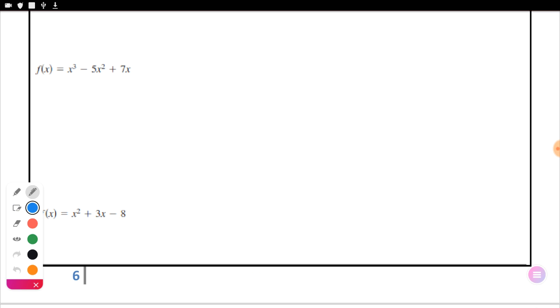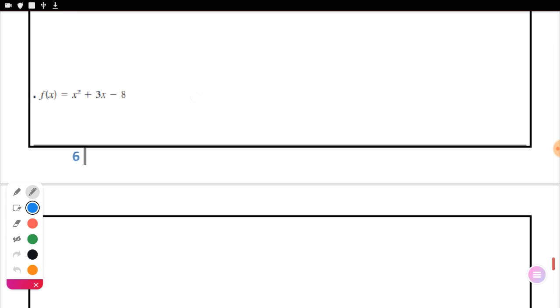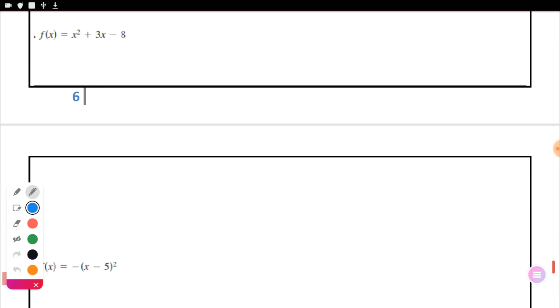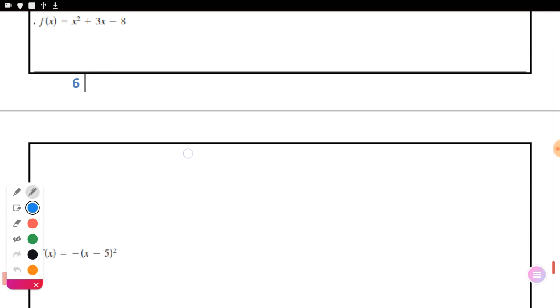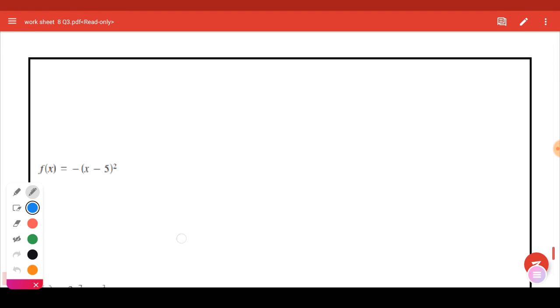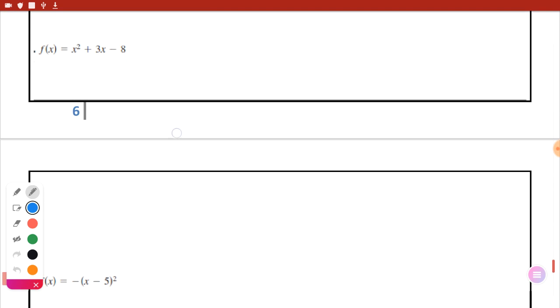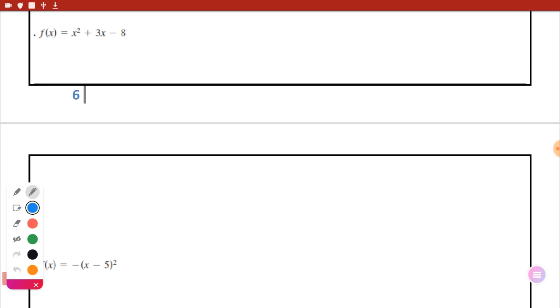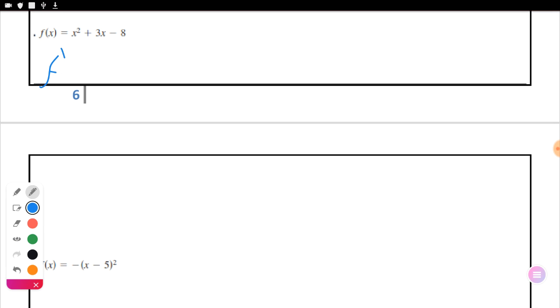Now, the last one, if you would like to solve a number, we can solve this one. It's so easy. Try to solve the last one in page 6. What are our steps? Find the first derivative, which is 2x plus 3.